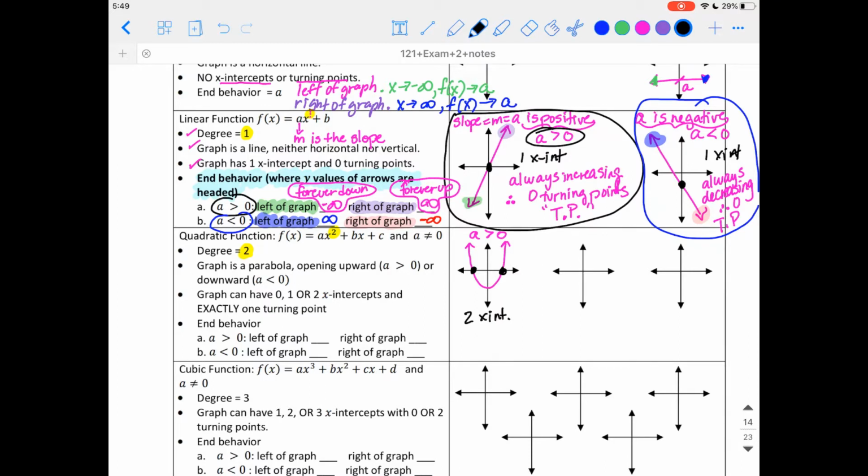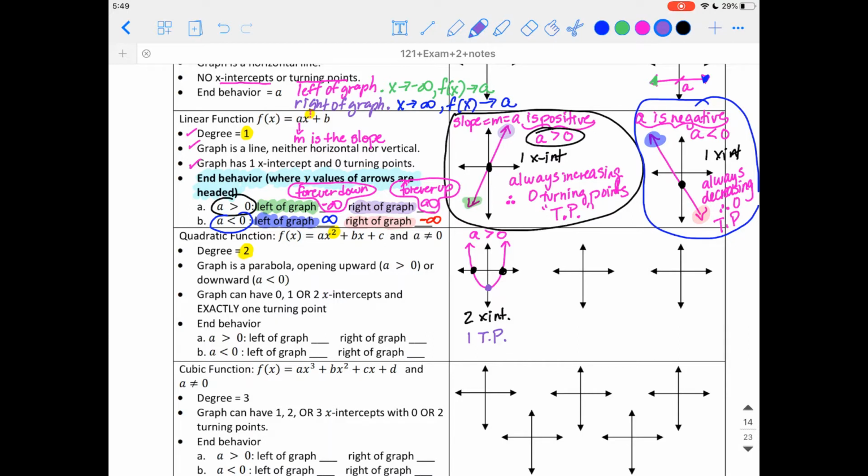And it has 1 turning point. So the turning point, again, is where it changes from increasing to decreasing. And right here is the turning point. So it has 1 turning point because it was decreasing and then it changed to increasing right at that point.